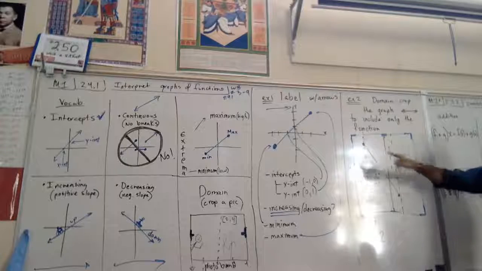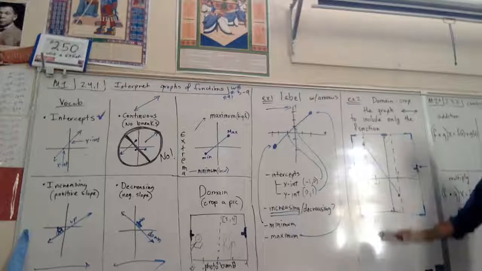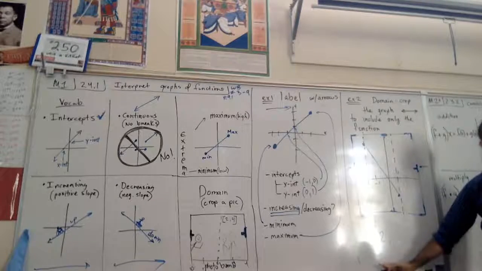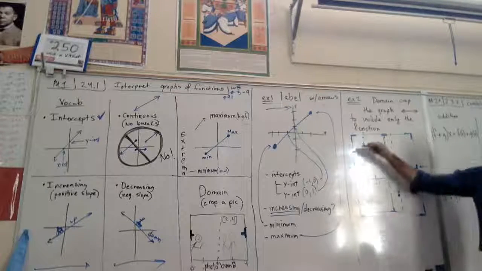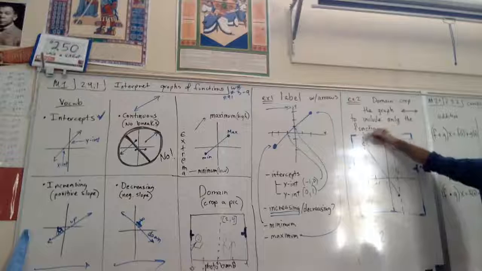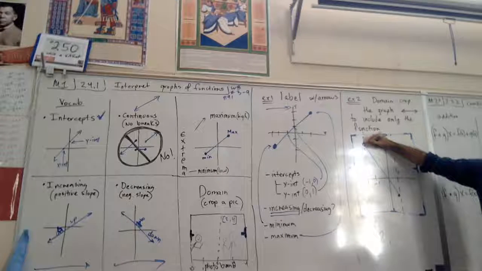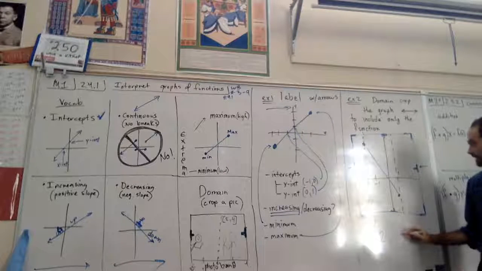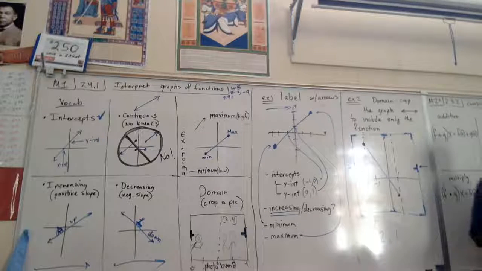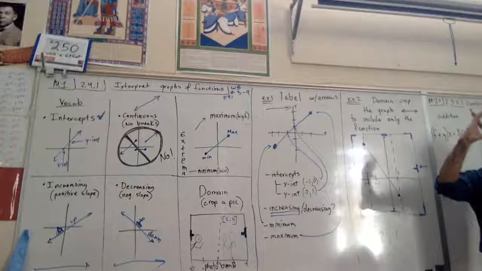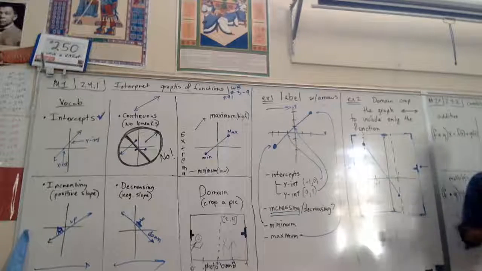Now here's the deal. If this was an open dot, I would do an open parenthesis as my bracket here, because it would not include the actual point at negative 2. But it's a closed dot, so what kind of brackets should I put around negative 2 and 1? Should I put parentheses or the hard brackets?